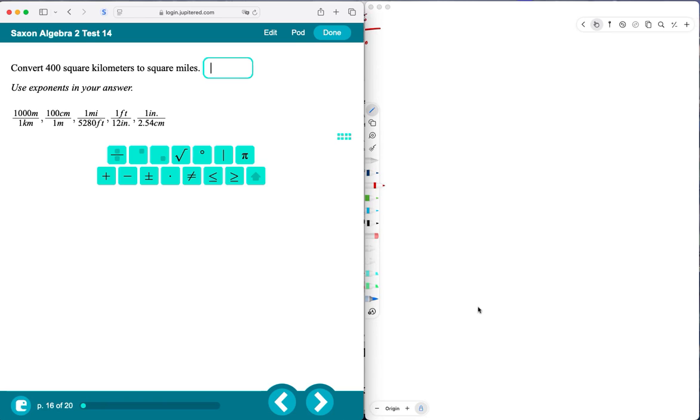Convert 400 square kilometers to square miles. So 400 kilometers, it's square, so kilometers again, over 1 to square miles. So I've got to go from kilometers to meters, so times 1,000 meters.